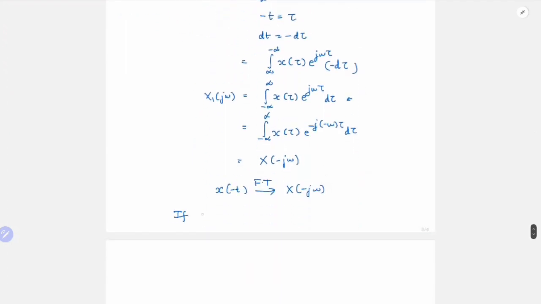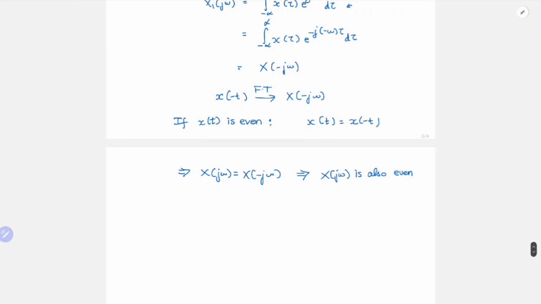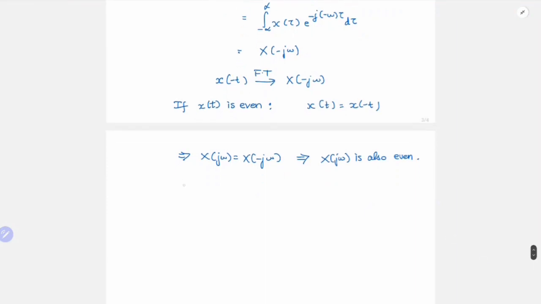So if x of t is even, we have x of t equal to x of minus t, which implies x of j omega equal to x of minus j omega. This implies x of j omega is also even. So an even signal also gives an even Fourier transform.